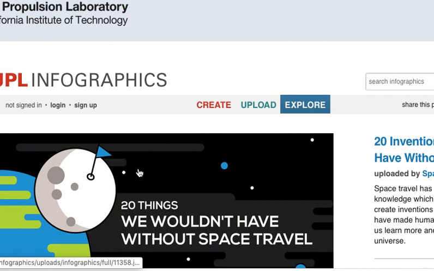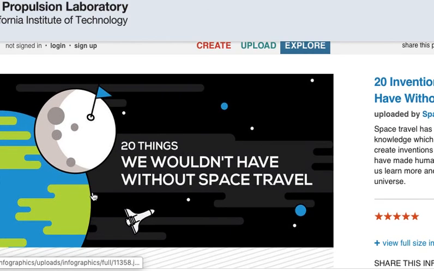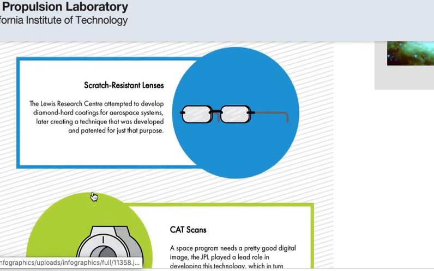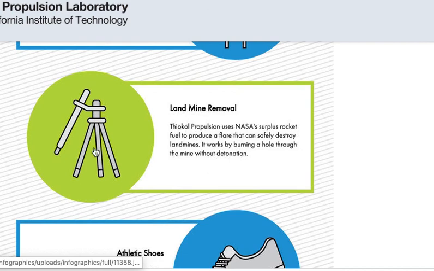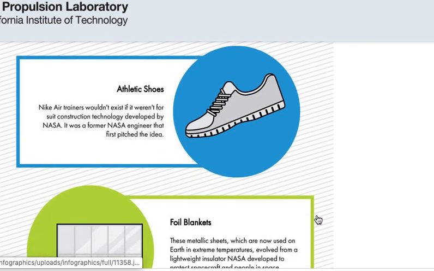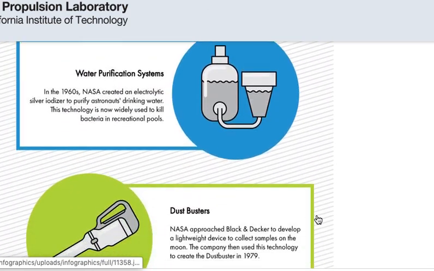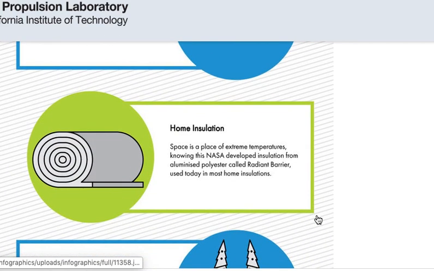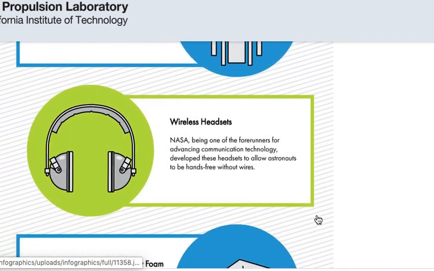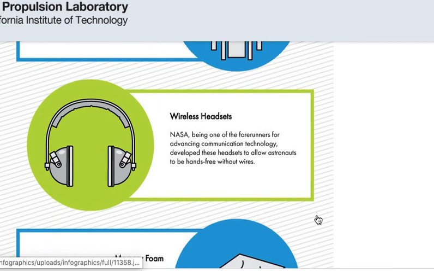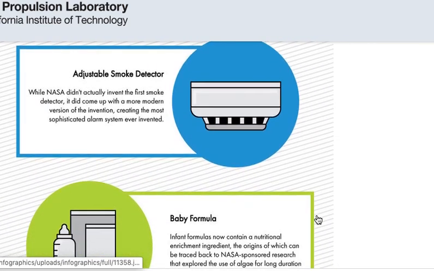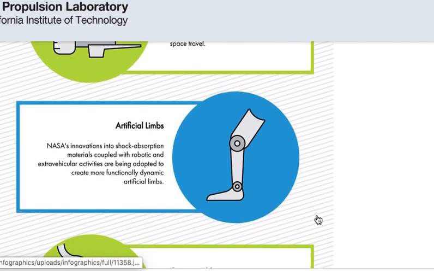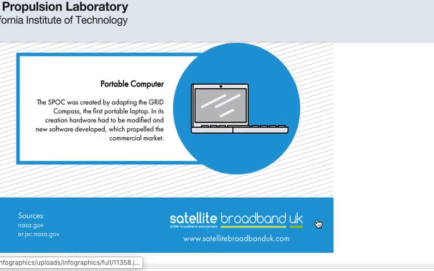This is just JPL's infographic, and it's called 20 Inventions We Wouldn't Have Without Space Travel. So CAT scans, LEDs, and you can see why they invented this for space, and then how we use it on land. Land mine removal, athletic shoes, foil blankets, water purification, Dustbusters, ear thermometers, home insulation, Jaws of Life, wireless headsets, memory foam mattresses, freeze-dried food, certain types of smoke detectors, baby formula, artificial limbs, computer mice, portable computers.